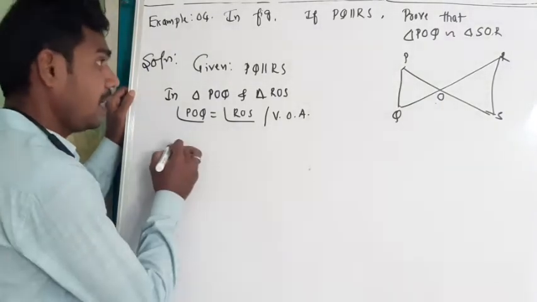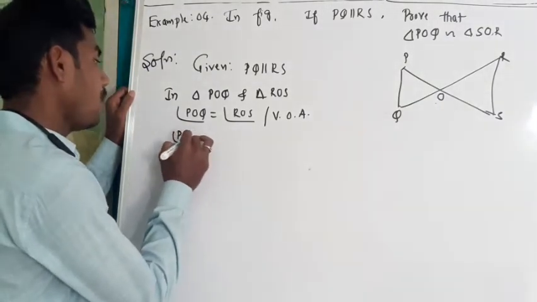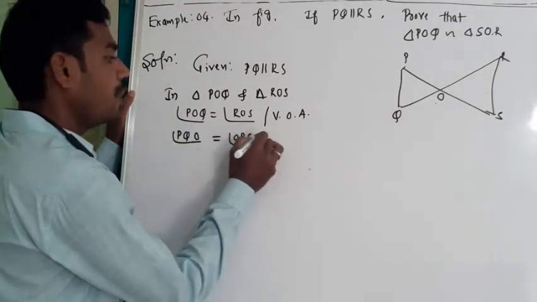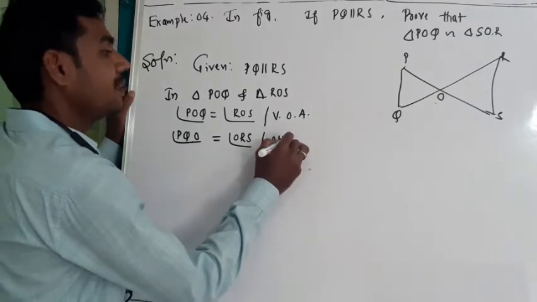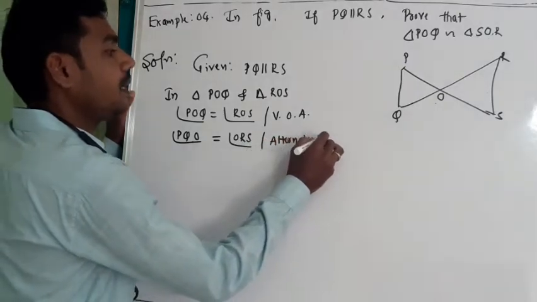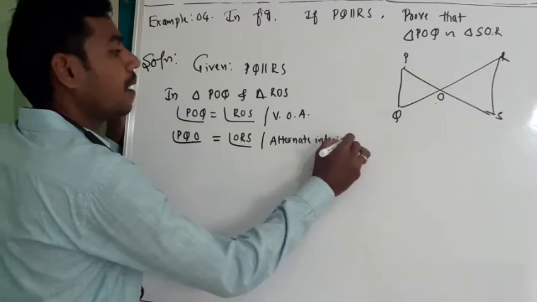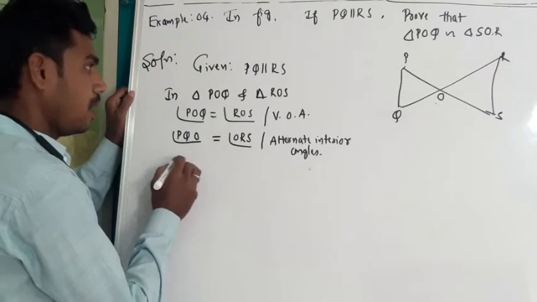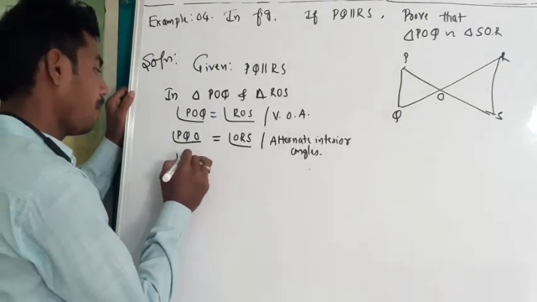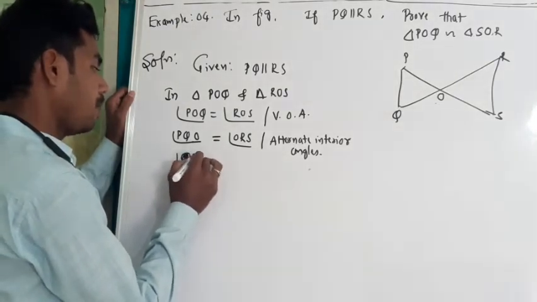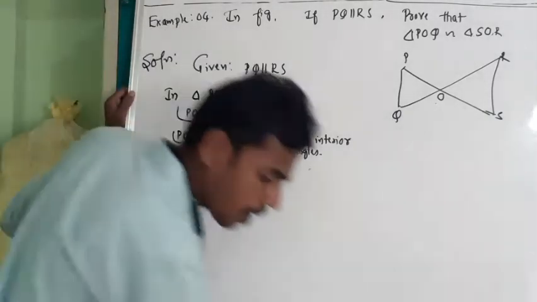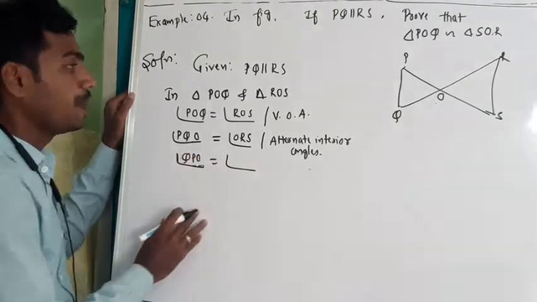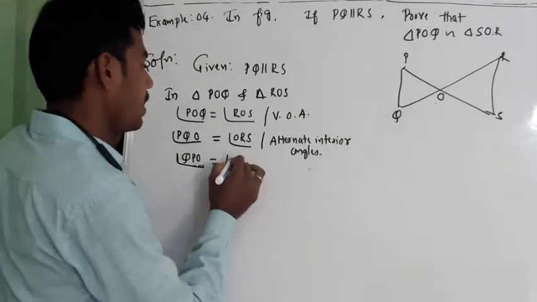Then next, angle PQO is equal to angle ORS. Why? Because alternate interior angles. So even angle QPO is equal to angle OSR.